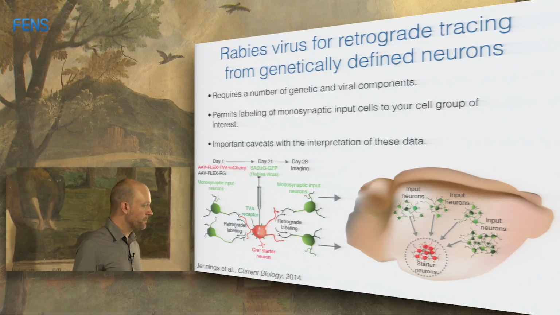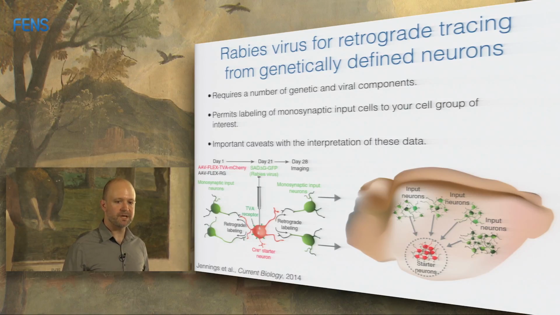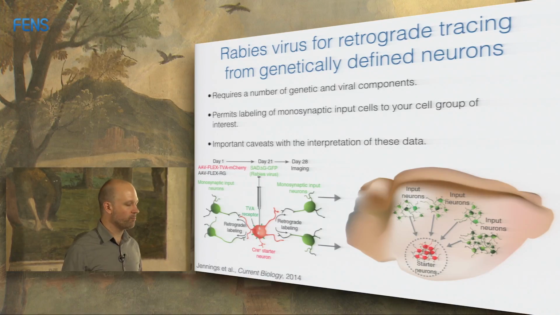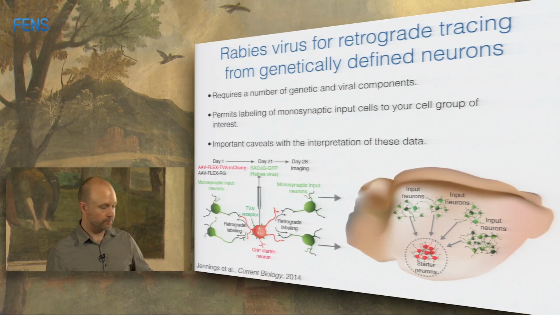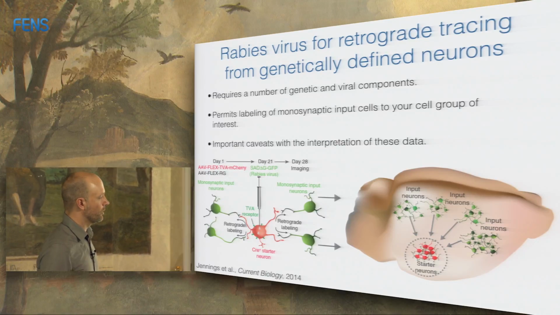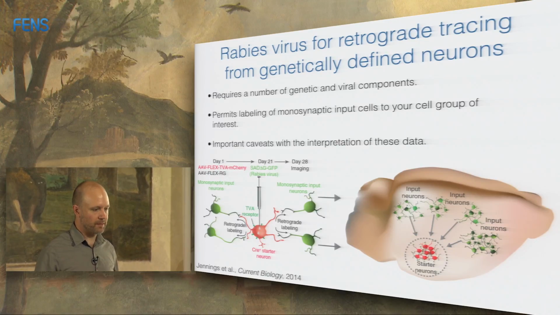Another important caveat is that propagation of the virus transsynaptically may have certain biases associated with it. What I mean by that is that we don't know yet whether there's some sort of preference in terms of what synapses the virus is propagated through. We know it works quite well for tight synapses like excitatory synapses onto neurons, but not all synapses and connections between neurons are the same.